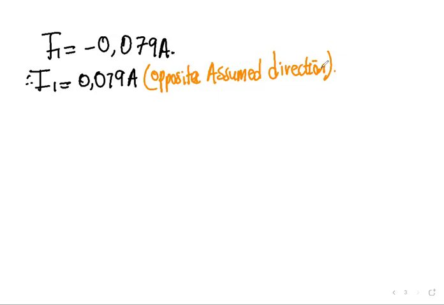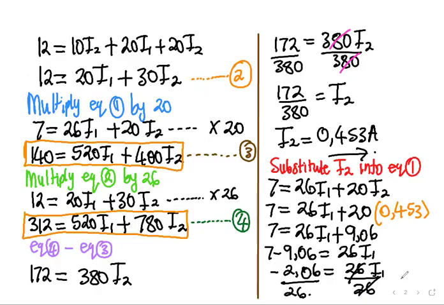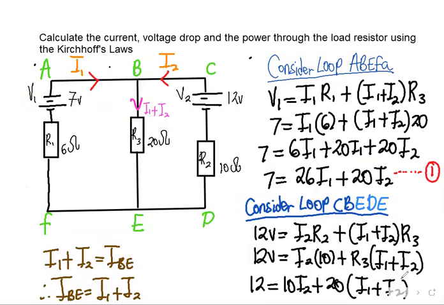But remember, we are not yet done, because when you picture this question properly, they said to calculate the current, the voltage drop and the power through the load resistor. Now to those who didn't know, this will become our load resistor, right? So for us to calculate the voltage drop through our load resistor, which is 20, we must calculate the current through this load resistor, that is represented by I1 plus I2.